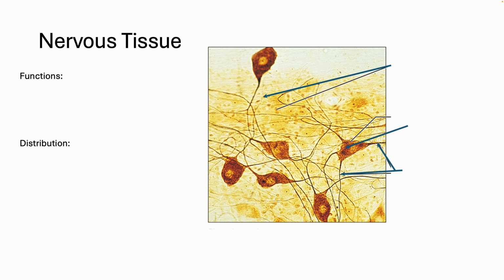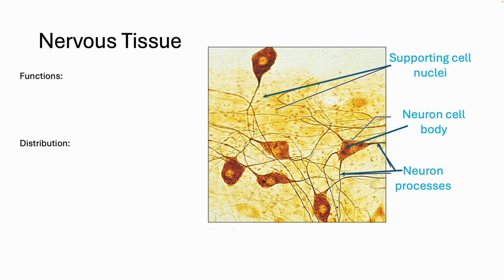All right, this brings us to the third tissue type, which is the nervous tissue. Nervous tissue is going to consist largely of neurons, which are going to be branching cells, and the neurons are going to consist of a cell body with long processes coming from them.